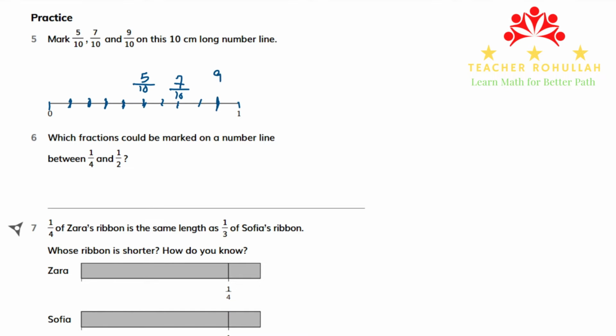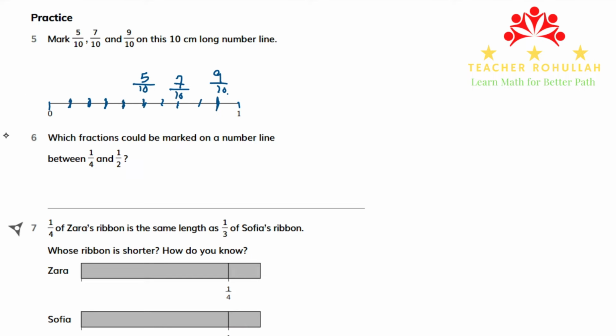So we first cut the number line into 10 equal parts and then found out that 5/10 is here, 7/10 is here, and 9/10 is here, which is 1 point before 1. Question 5 is also solved.